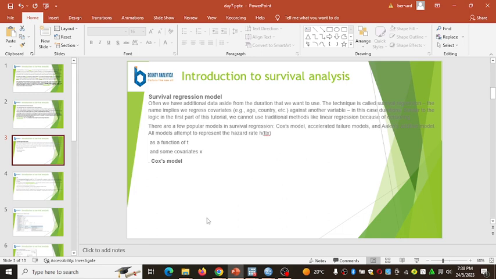So these models can provide a more flexible representation of the hazard functions, but will require assumptions about the underlying distribution. So survival regression models allow the researcher to assess the effect of predictor variables on time to event.